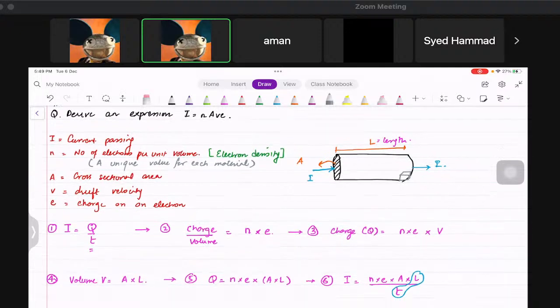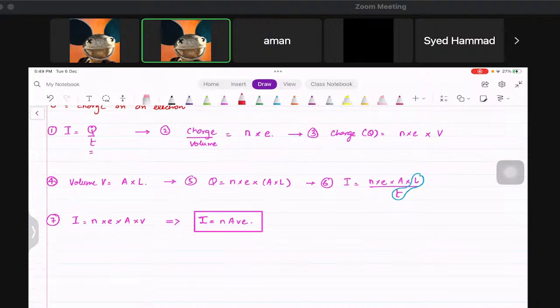So in short, if you want to remember this way, you just need to remember that I is Q upon T, and Q is the number of electrons per unit volume times the charge on an electron times volume. Then Q will be n times E times area times length, and I'm going to put it right here.